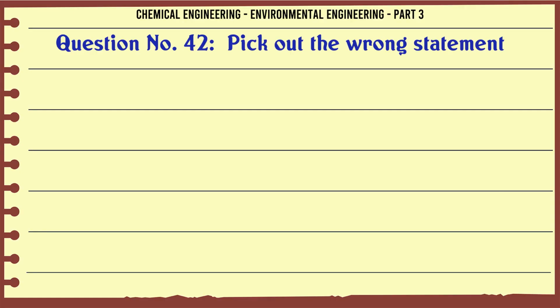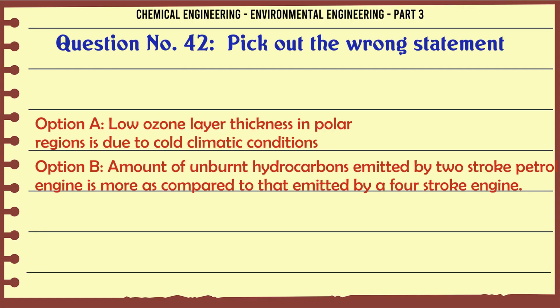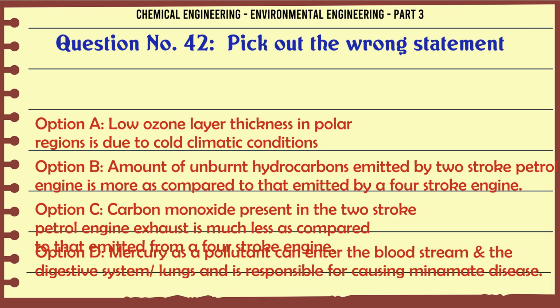Pick out the wrong statement. A. Low ozone layer thickness in polar regions is due to cold climatic conditions. B. Amount of unburned hydrocarbons emitted by two-stroke petrol engine is more as compared to that emitted by a four-stroke engine. C. Carbon monoxide present in the two-stroke petrol engine exhaust is much less as compared to that emitted from a four-stroke engine.